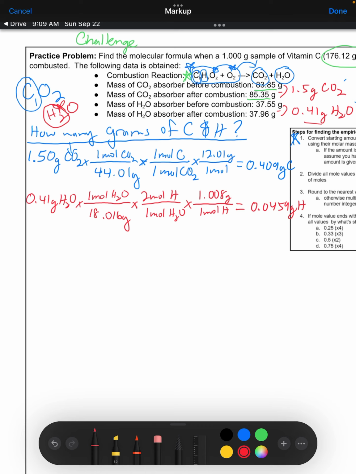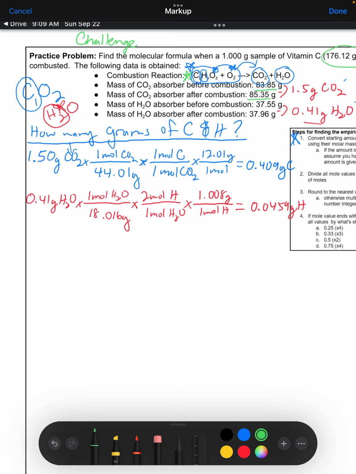All right. That's working our way to step 1. I have figured out that my 1 gram sample of vitamin C started with 0.409 grams of carbon and 0.0459 grams of hydrogen.